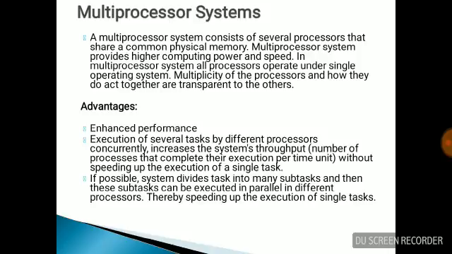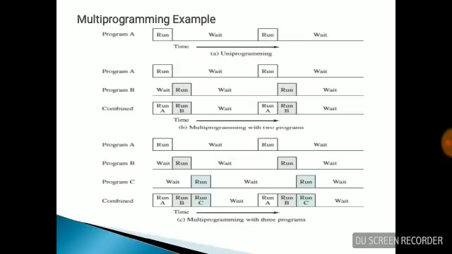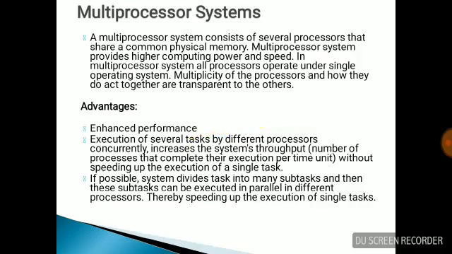Next, the advantages are enhanced performance, and then multi-processor systems. In multi-programming, the assumption is that only one processor executes more than one task at a time. To enhance the job and make work faster, we provide more than one processor in a system. In recent years these are called dual core, hexa core and octa core.